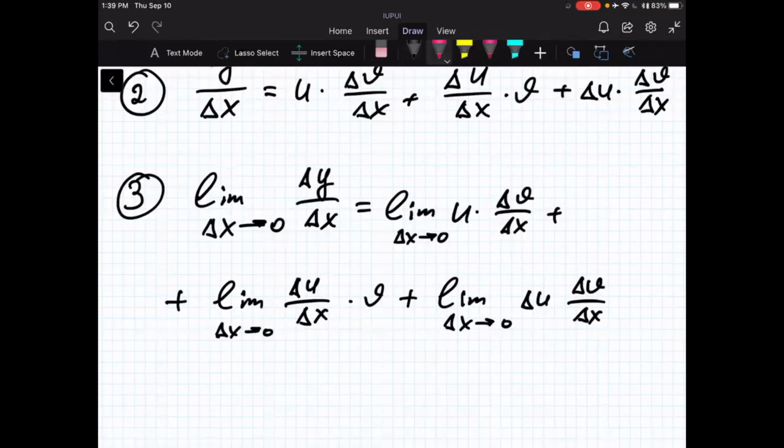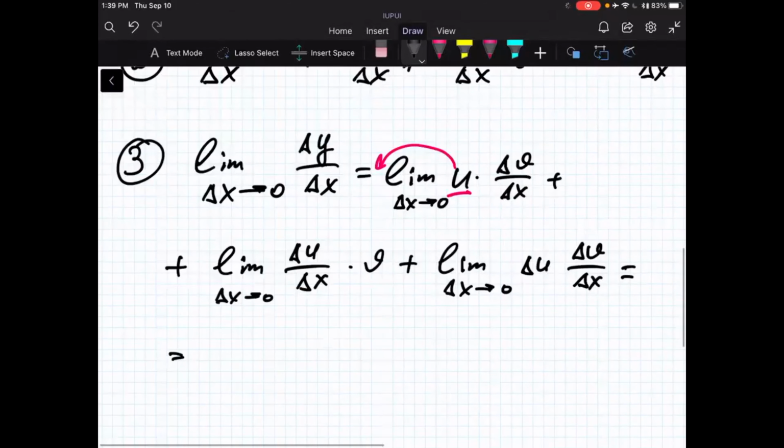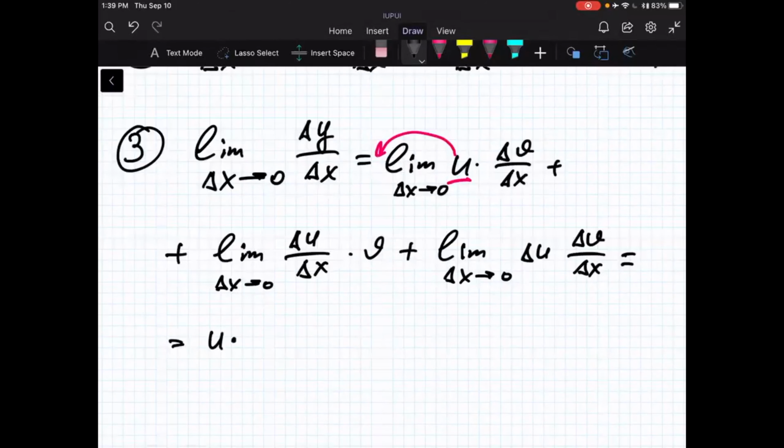And again, then I use that u doesn't depend on delta x, so it's just u of x, so I can put it in front of the limit. And then I will get limit of delta v over delta x, which is just by the definition the derivative of function v. So I get u times, if you use the following notation, dv over dx.